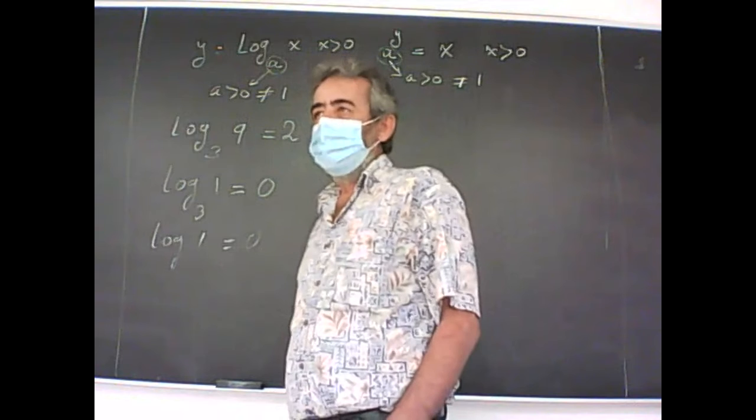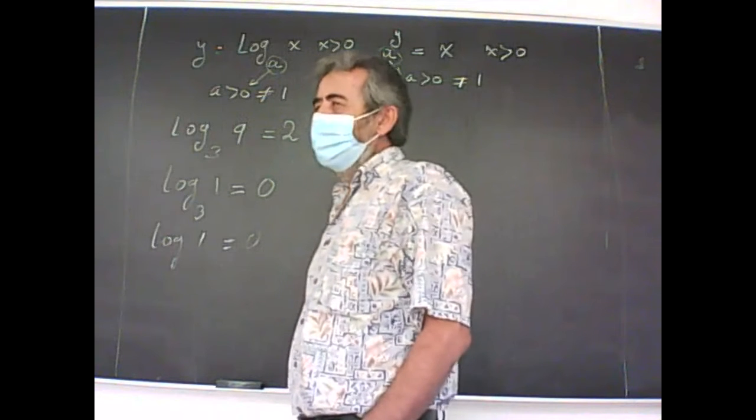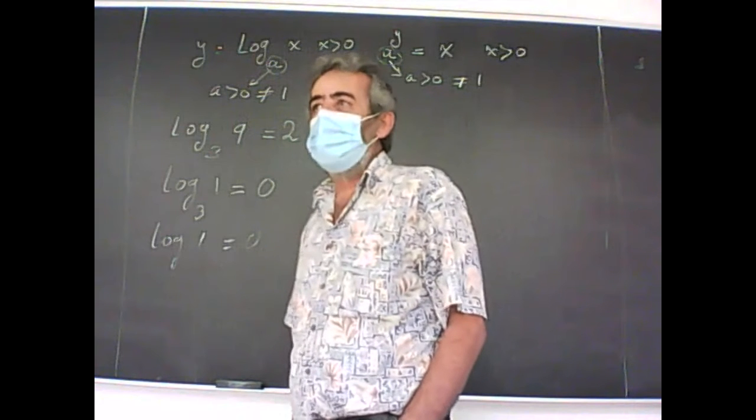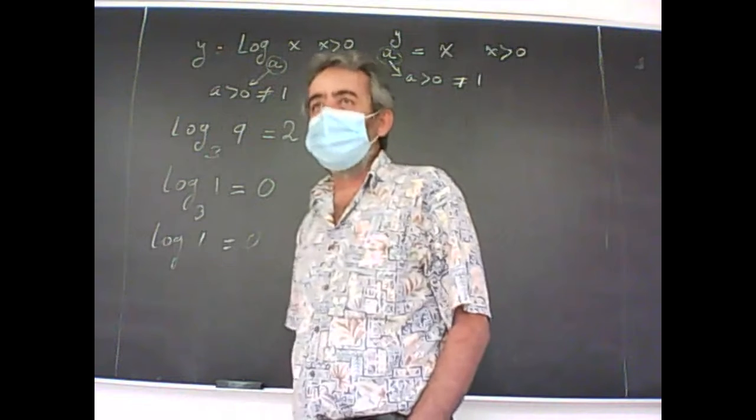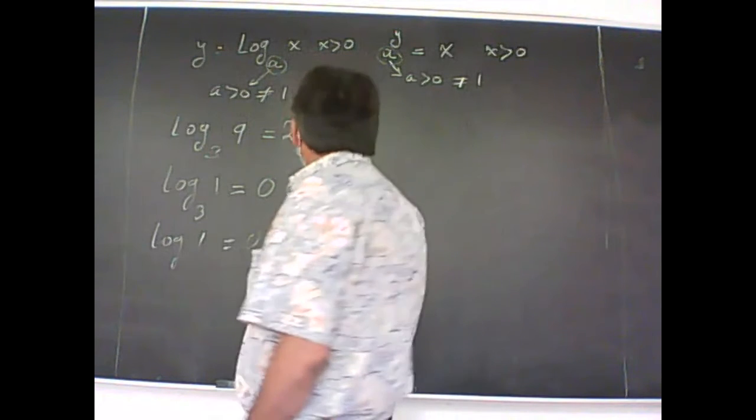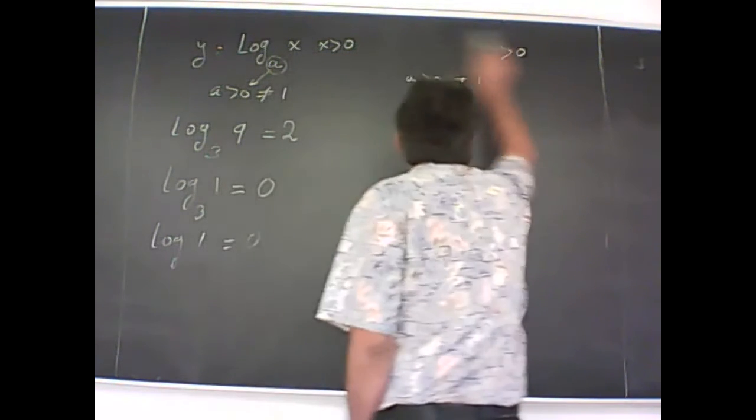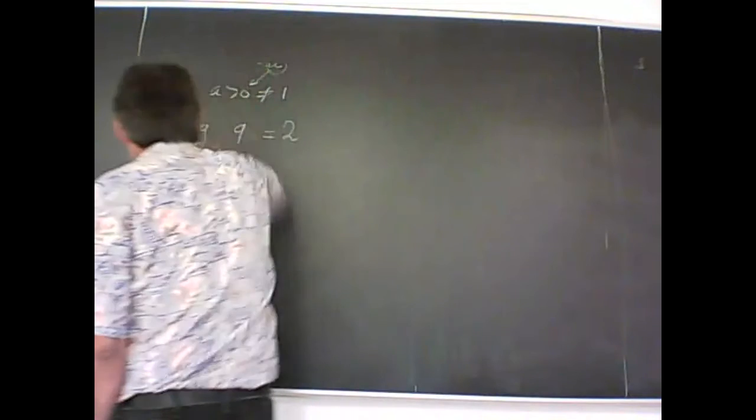Any number other than 0 raised to the 0 power is always going to be 1. Yes? So let's go ahead and write these. So what does that mean?